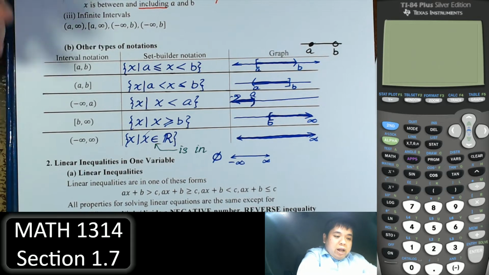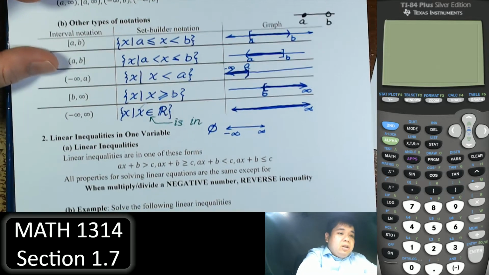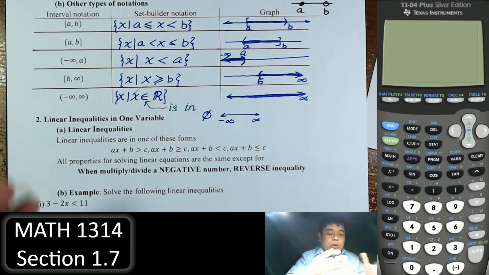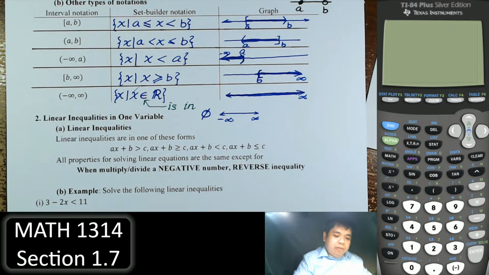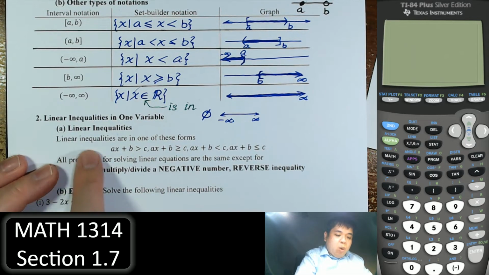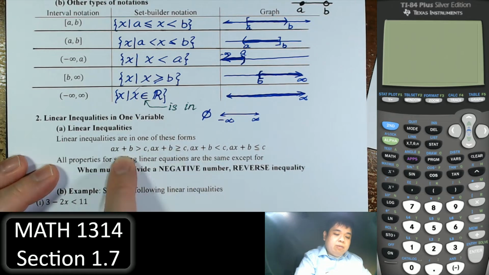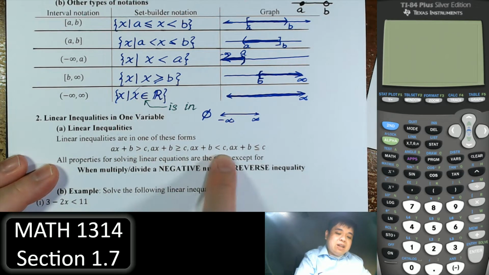Right, so those are the different types of notations, and we're going to use those notations to write the answers for inequalities. Right, inequalities in one variable. Linear inequalities are in one of those forms. So we have greater than or equal to, less than or equal to.